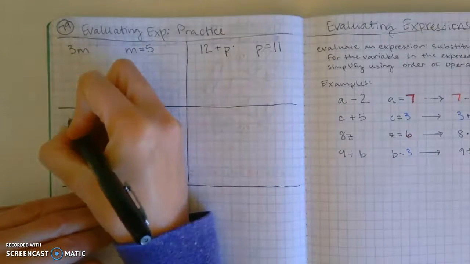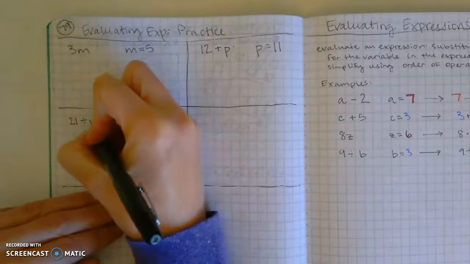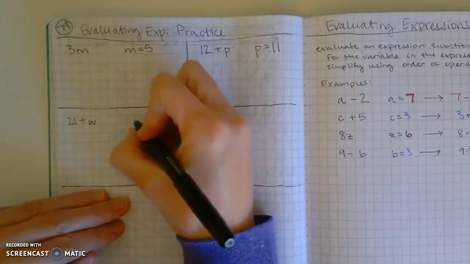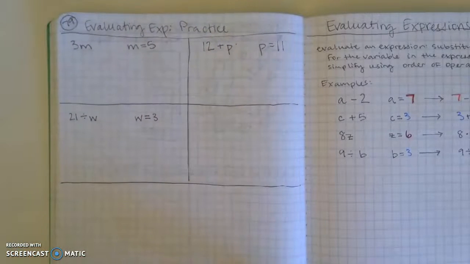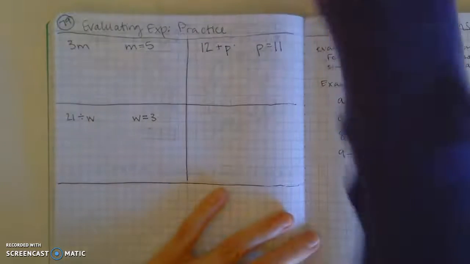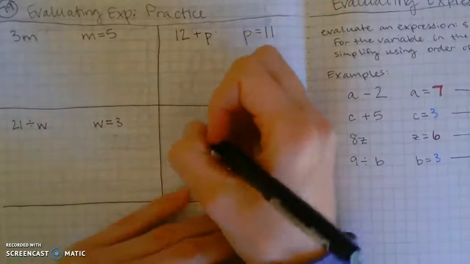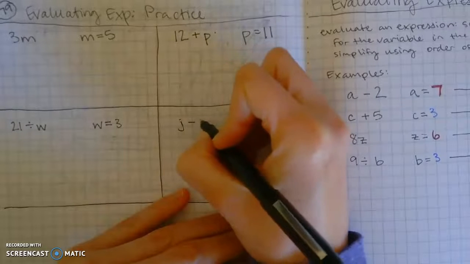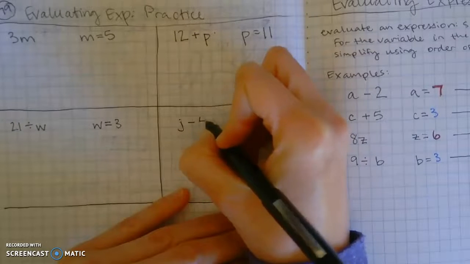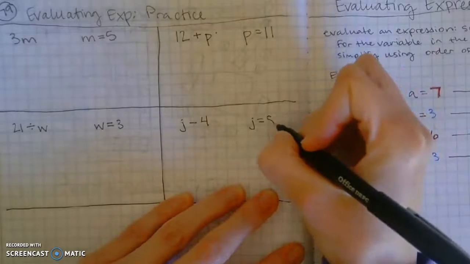Okay, let's do 21 divided by w, and we'll say that w is equal to 3. And I'll zoom in, sorry, probably can't see what I'm writing. And then our last one, we will do j minus 4, where j equals 8.